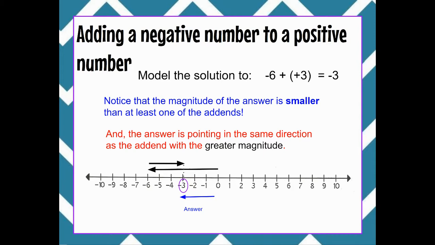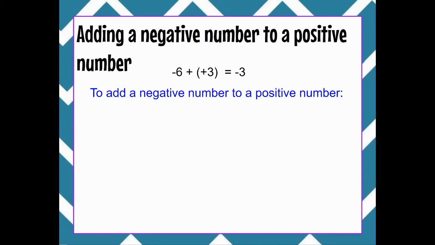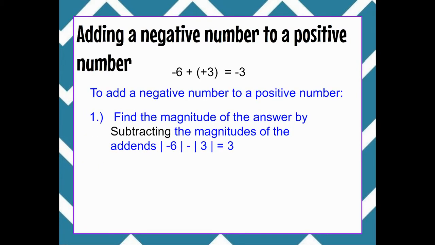The answer is pointing in the same direction as the addend with the greater magnitude, the greater absolute value. To add a negative number to a positive number, find the magnitude of the answer by subtracting the magnitudes of the addends. Subtract the absolute values of each number you're adding.